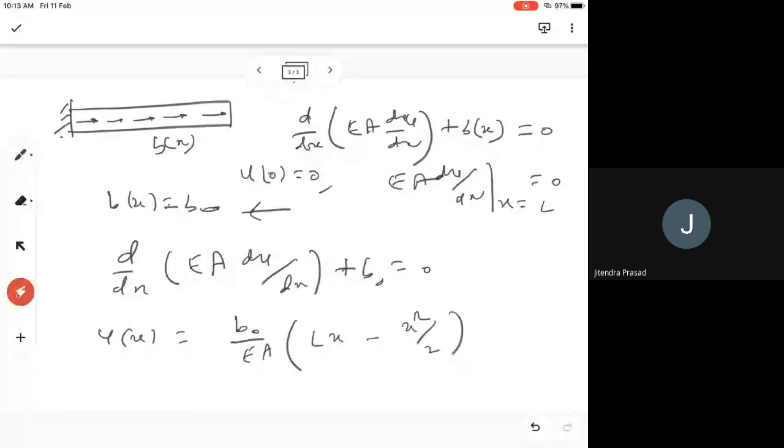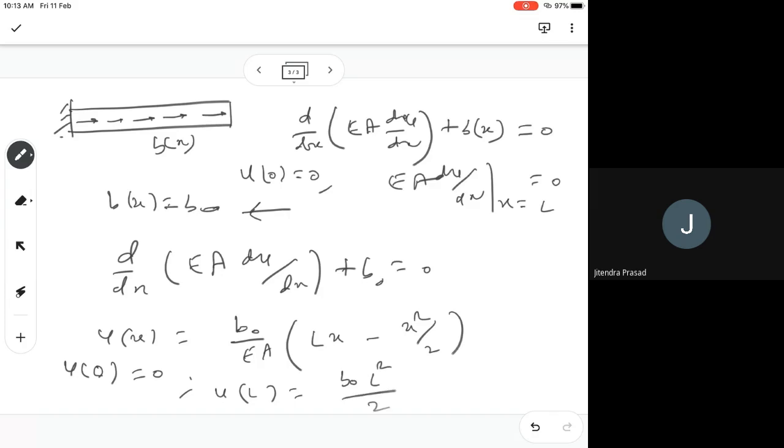So if you put L here, then u at 0 is equal to 0, and u at L is equal to, put L here, L square, so that makes it b naught L square over 2EA. Similarly, you can find u at L over 2, which becomes L square over 2 minus L square over 8.